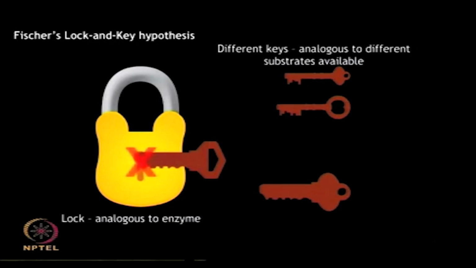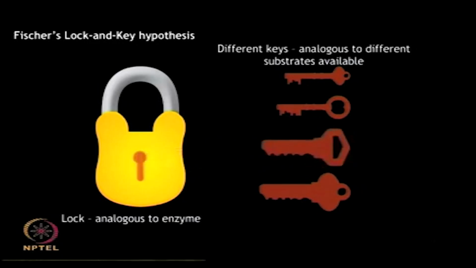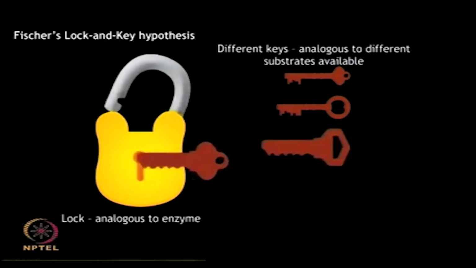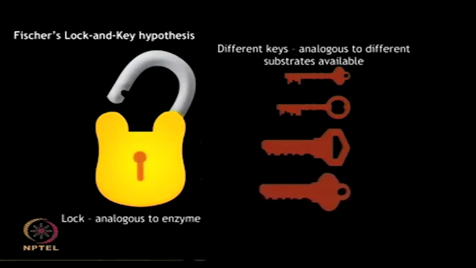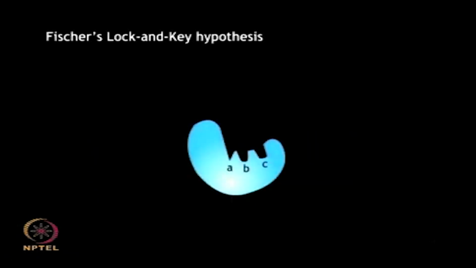Similarly, only one particular substrate will fit into the active site of the enzyme and the enzymatic reaction can occur. According to Fischer's hypothesis, enzymes and their substrates possess specific complementary geometric shapes that fit exactly into each other.